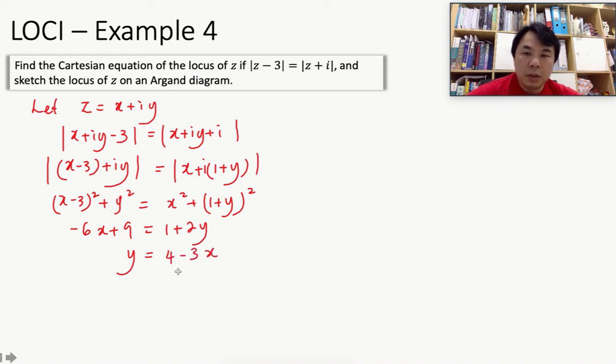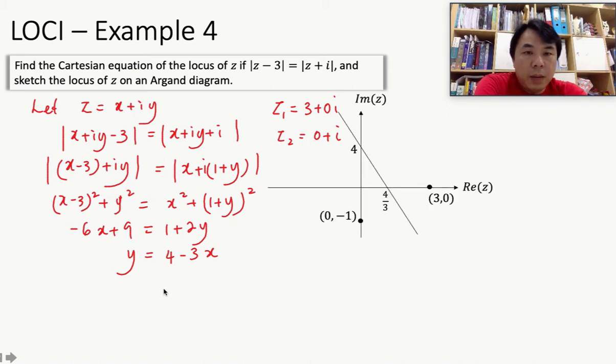Okay, so this will be the Cartesian equation that represents the perpendicular bisector between these two fixed points located at z1, 3 plus 0i, and z2 equal to 0 plus i here. Okay, I hope that is clear. Let me show you how to sketch it, or I indirectly already sketched that, just to let you see how it looks like.